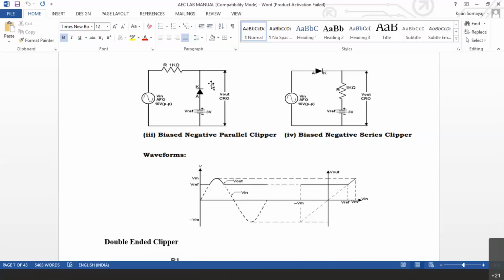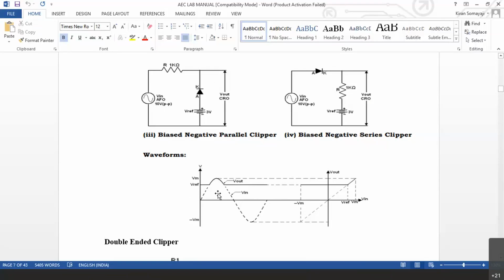When you press the button into AC mode, oscilloscope itself has got a capacitor inside. So that is how DC is blocked and only AC is passing. That way you can see this particular waveform. So if you want only the clipped waveform, you can get it that way. Otherwise, you will get the DC also as such. That is only an example which I told you.